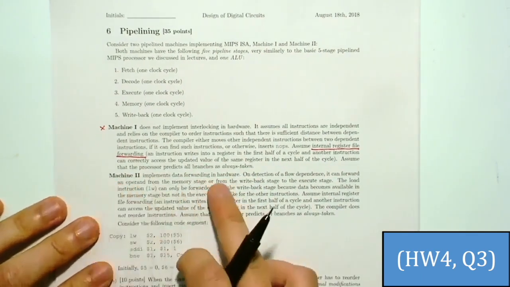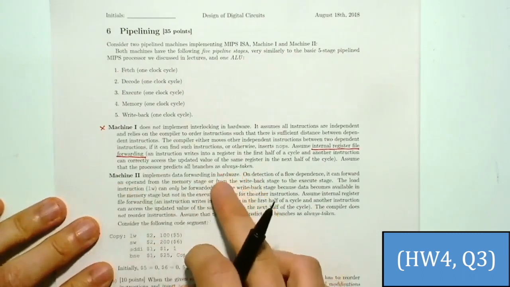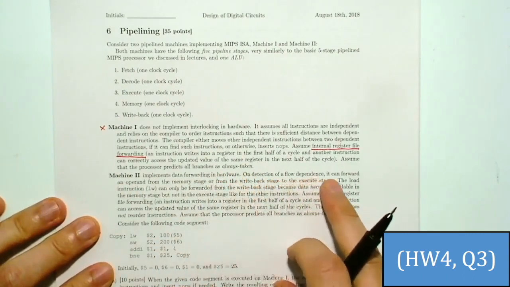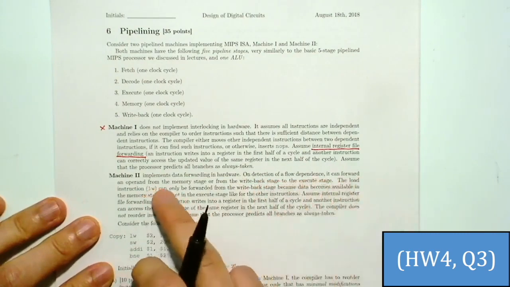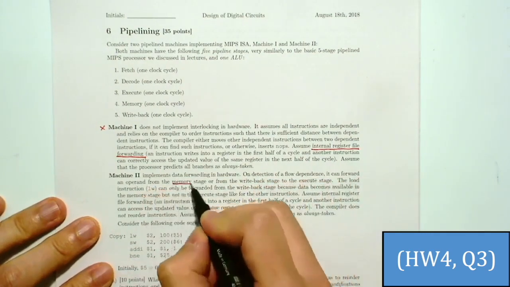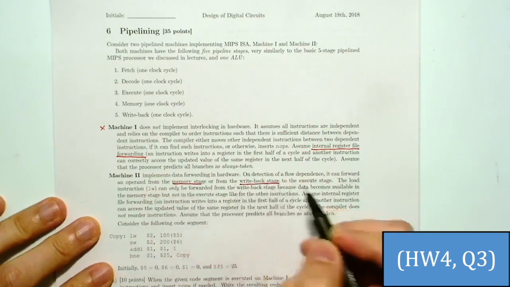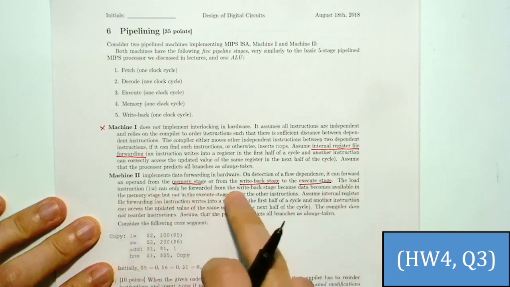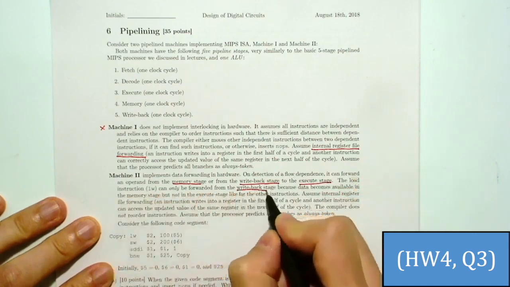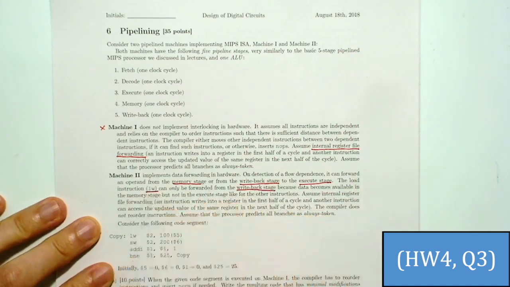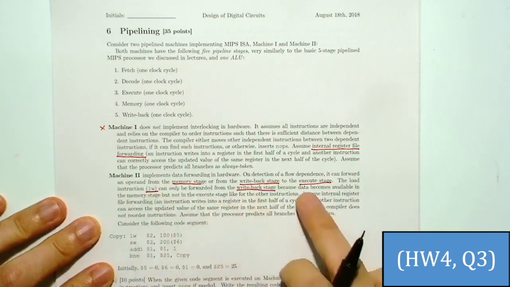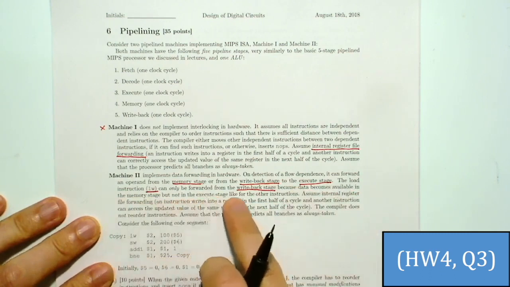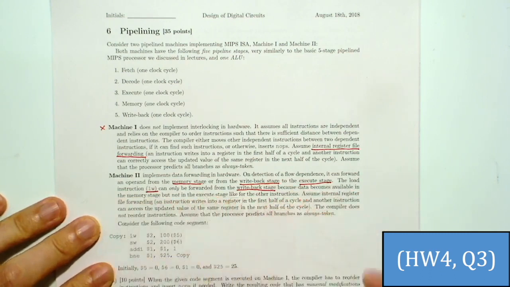Machine 2 implements data forwarding in hardware. On detection of a flow dependency, it can forward an operand from the memory stage or from the write-back stage to the execute stage. The load instruction can only forward from the write-back stage, because data becomes available in the memory stage, but not in the execute stage like for other instructions.